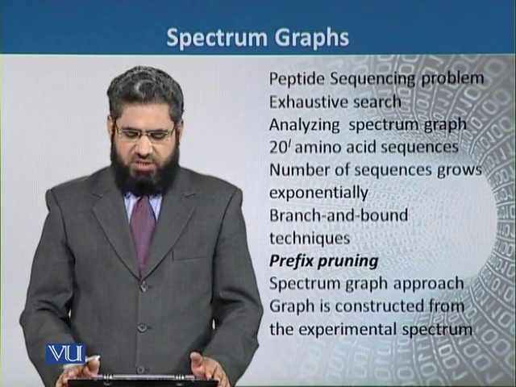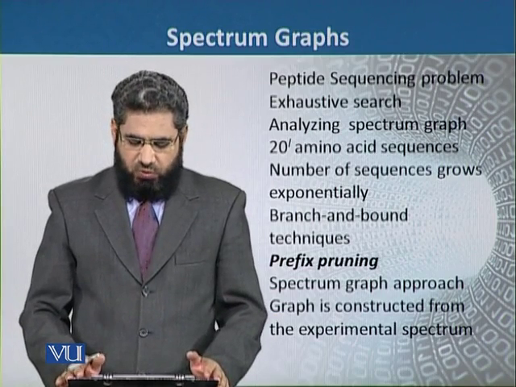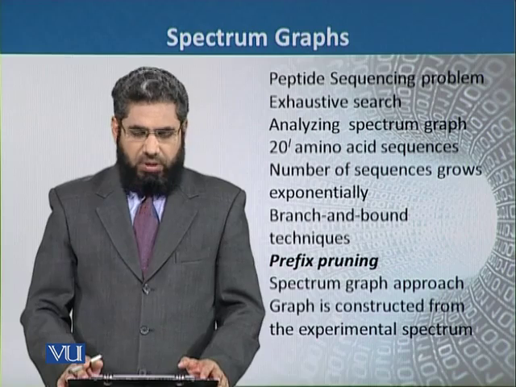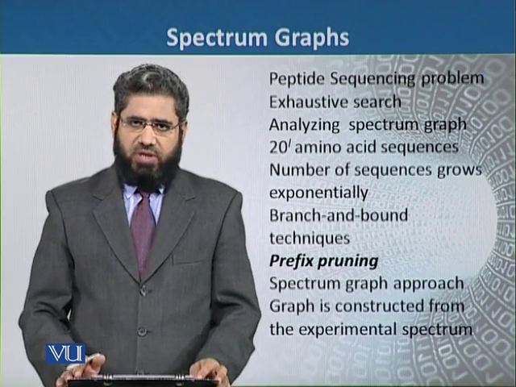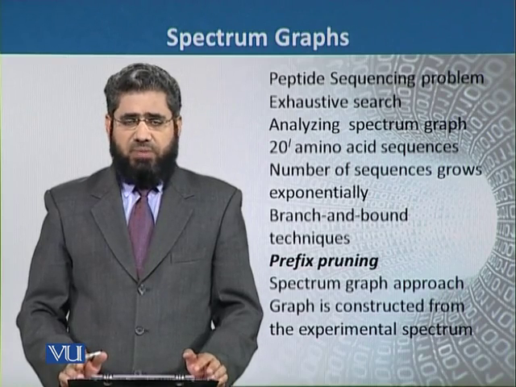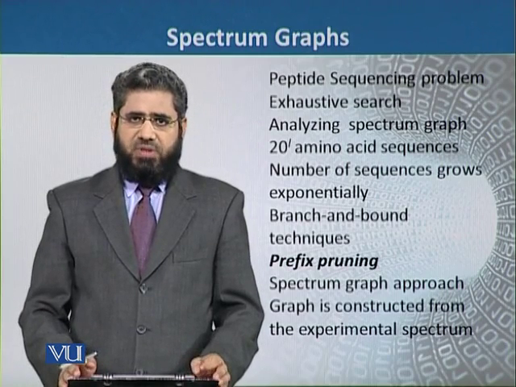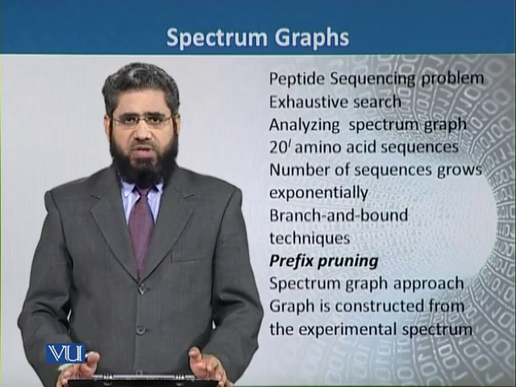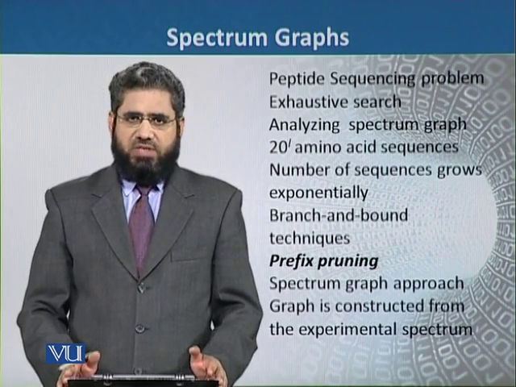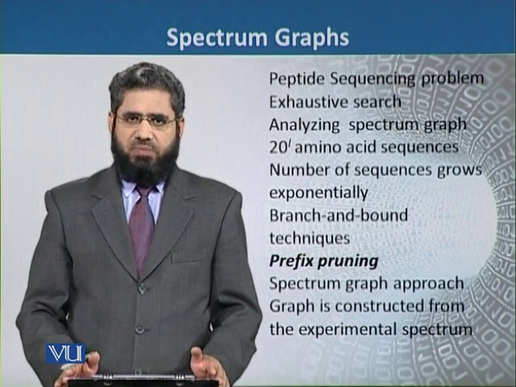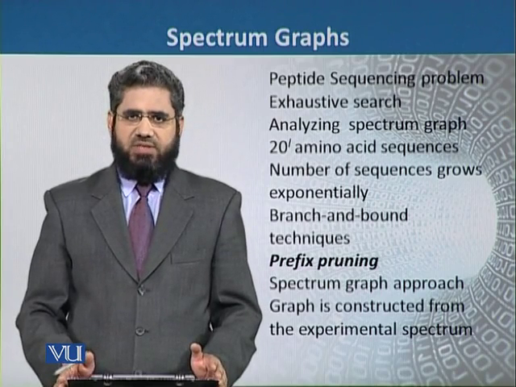The second approach is to search the peptides by using the prefix. We know that when the size of the peptide increases, the number of different combinations of the peptide also increases, generating a large number of peptides of different sizes.